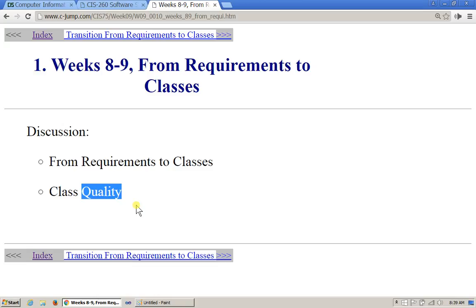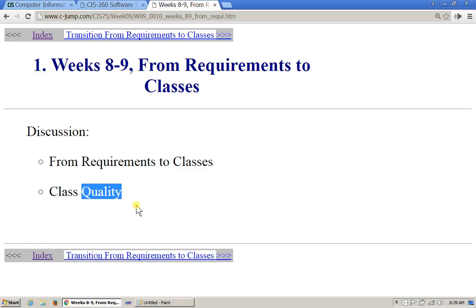stumble upon situations where we have to redo something because there was a missing attribute, or there was an incorrect set of methods to begin with, so that we have to redo this.